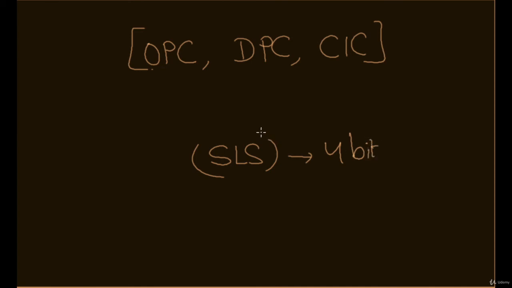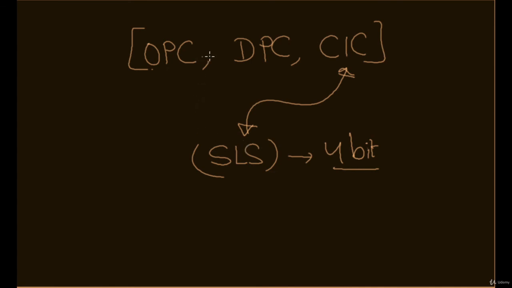Now this information is somewhat redundant with the CIC, because CICs also have information about the link as well as the channel. So some part of the CIC is directly mapped to SLS. When the ISUP message is formed, some part of the CIC is taken and just copied over to the SLS. Typically the 4 bits of CIC indicate the link set itself.